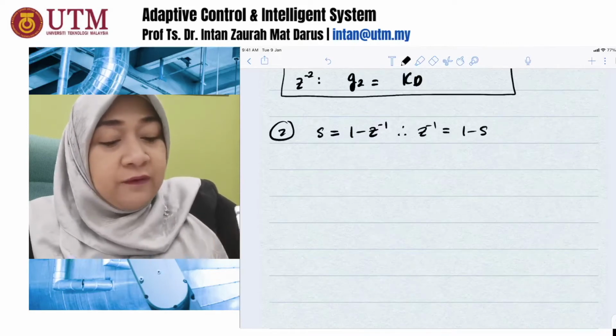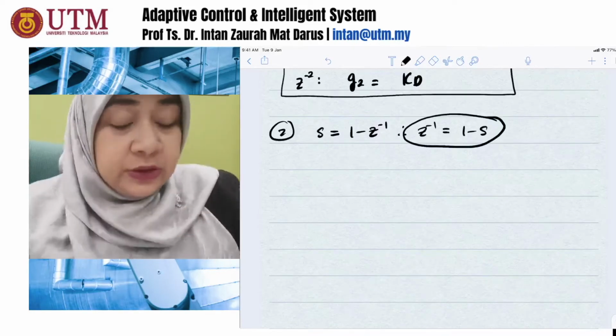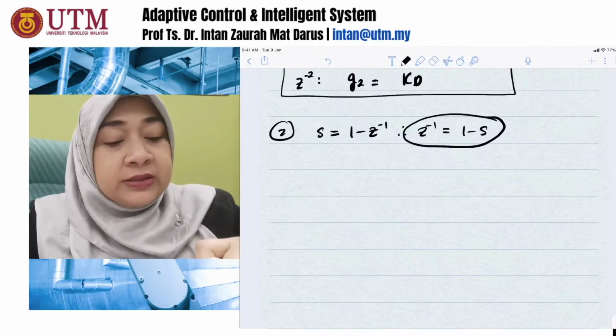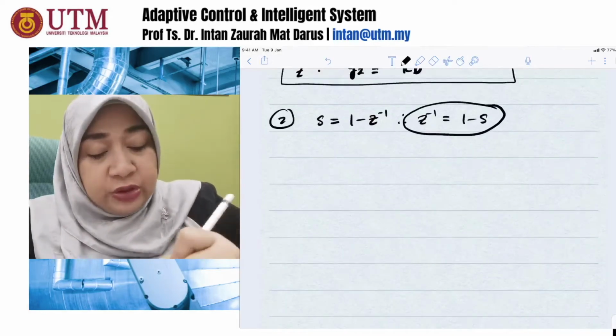Instead of using s to substitute, I'm going to substitute z^-1 into the equation of your controller.